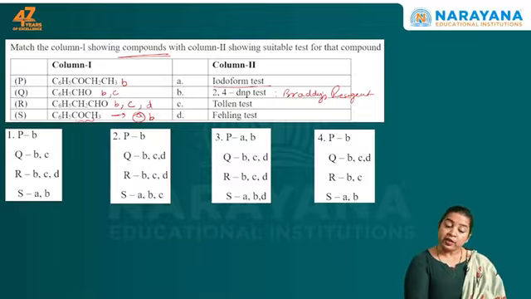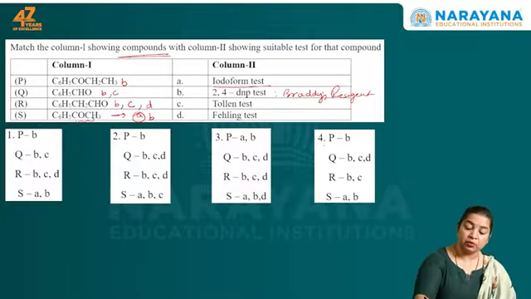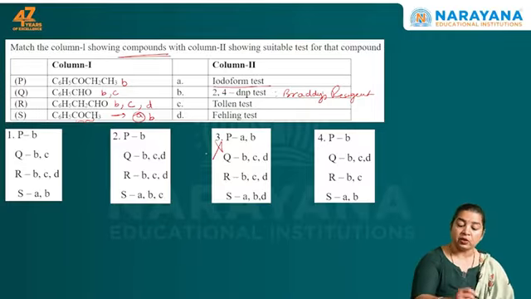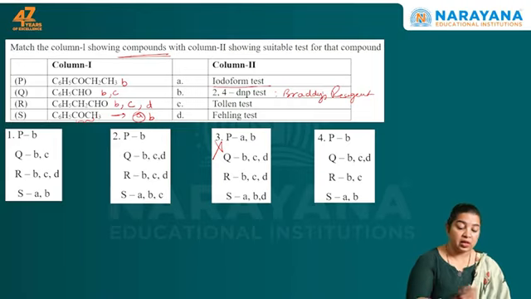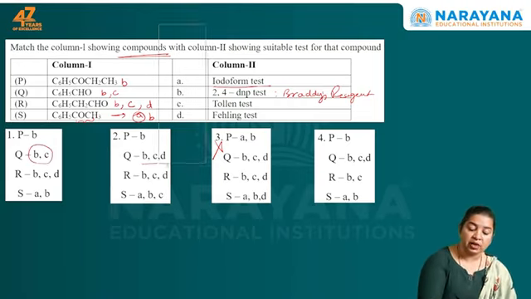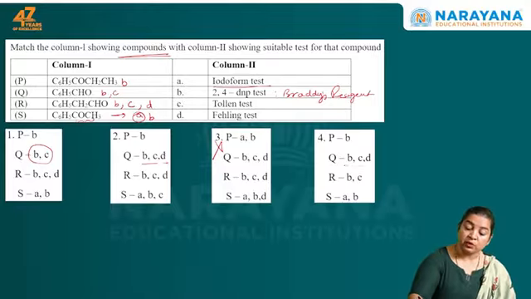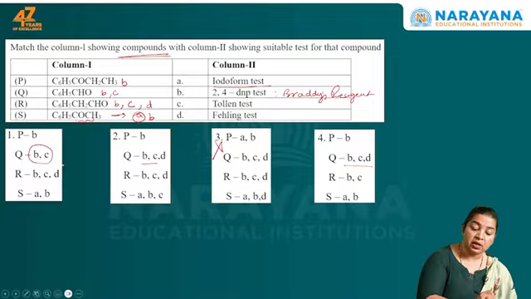So, final conclusion, P should be matched with only B, only B. So, I have only choices first, second and fourth, option 3 delete, not acceptable for us. Q, B and C, and only this option has B and C. Well, if this option has B and C, so our choice has to be option 1.